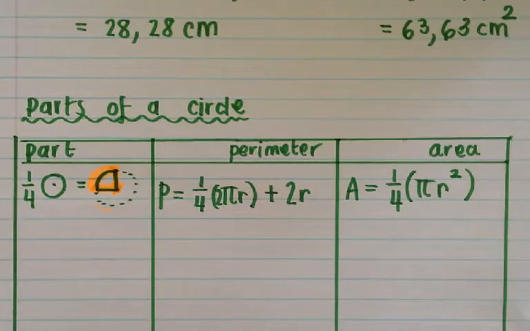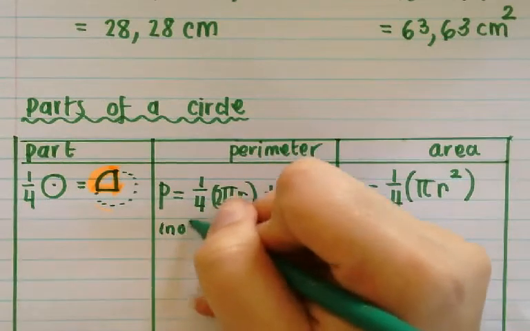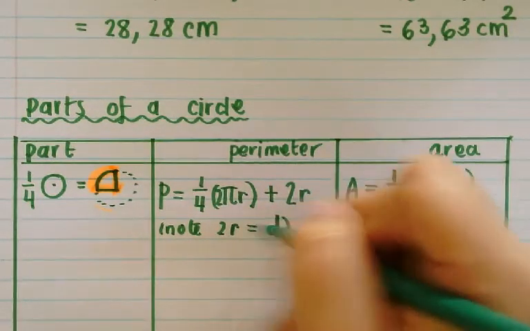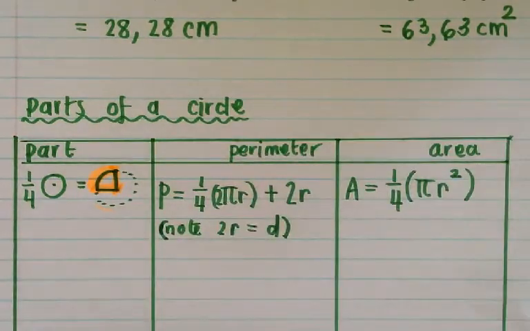If I have 2 radii together, what does that form? 2 times radius, that's just the diameter. Okay, so I'm just going to make a little note here. 2 times radius is equal to diameter. So I could have substituted that whole 2 radius with diameter.